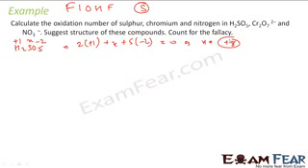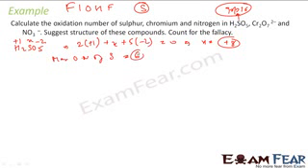But sulfur is in which group? Sulfur is in group 16. So according to the rule, the maximum oxidation number of sulfur has to be plus 6. Plus 8 is not possible, right? There is something wrong there. Let's try to find the structure of H2SO5. So we have a structure like this, correct? Let's put the oxidation numbers: OH, minus 2, minus 2, minus 2, minus 2.